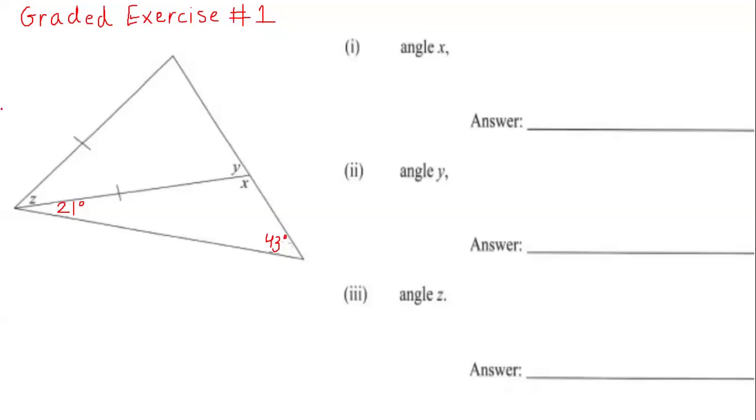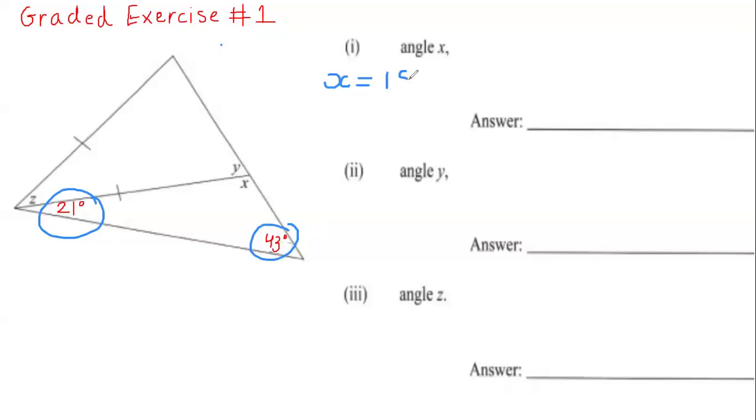The first one is X. What did y'all get for X? 64. Okay, so first we add 21 and 43. When we add them, what do we get? 64.